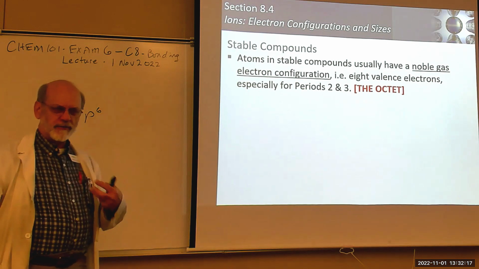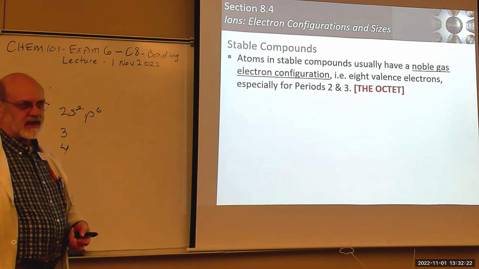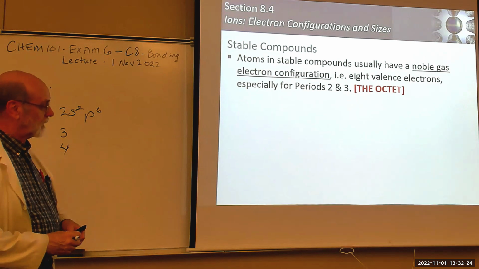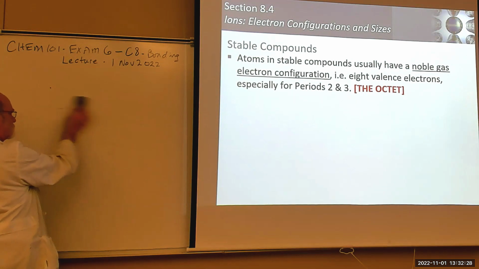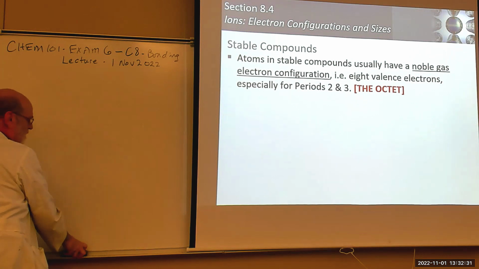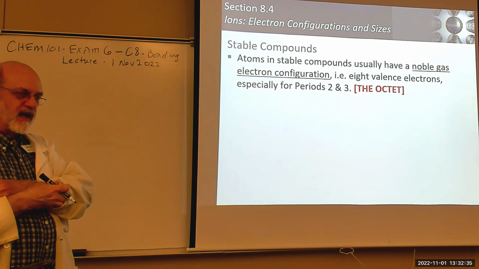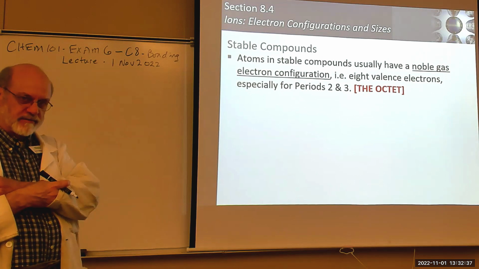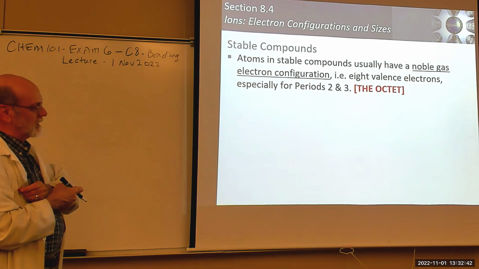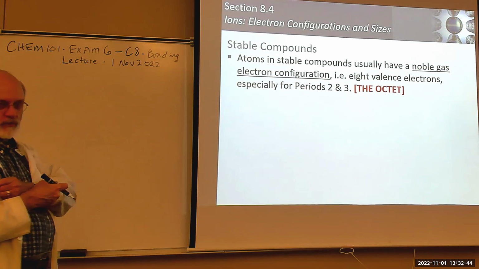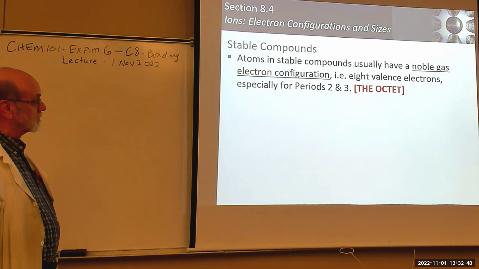And that works fairly well for the representative elements. It's when you get into the transition elements that it kind of falls apart. But most of the well-studied reactions occur between elements in the second and third period, and the first period because hydrogen's involved. So the octet rule is helpful for those types of reactions.